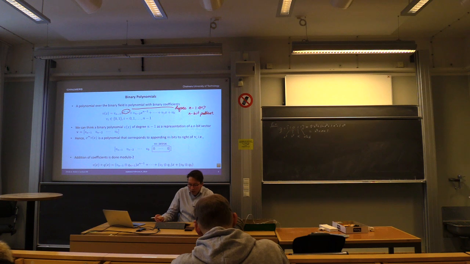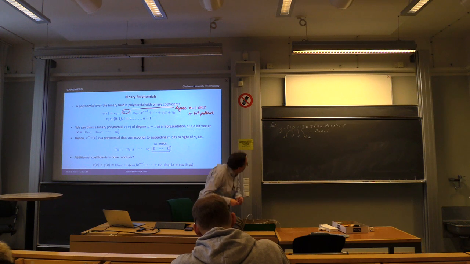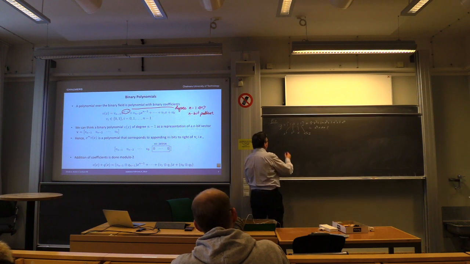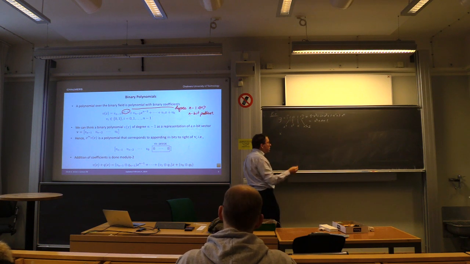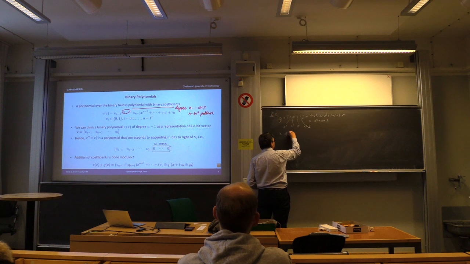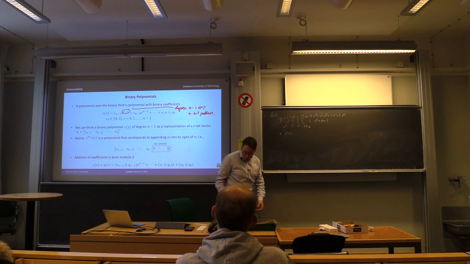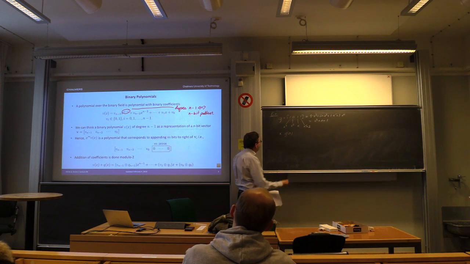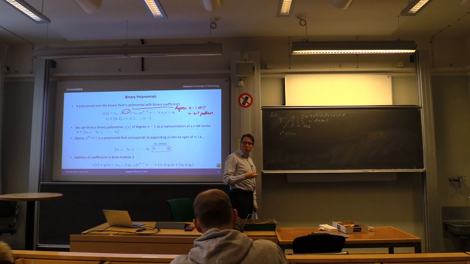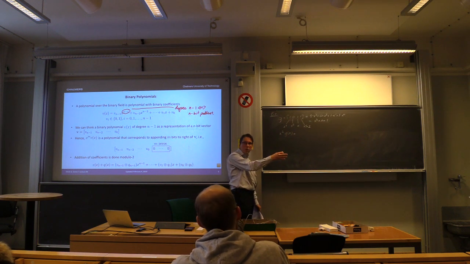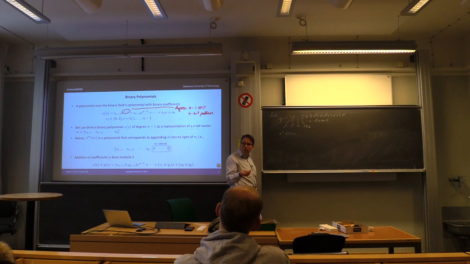Okay, now we will look at polynomials of the sort x raised to a power times a polynomial like this. So, say x squared times g of x. Let's first write out the polynomial and then identify coefficients.